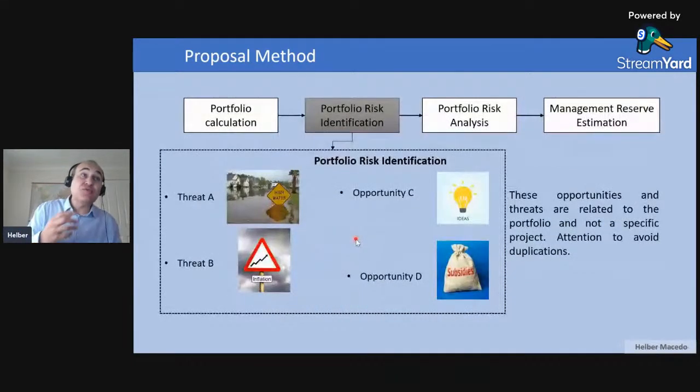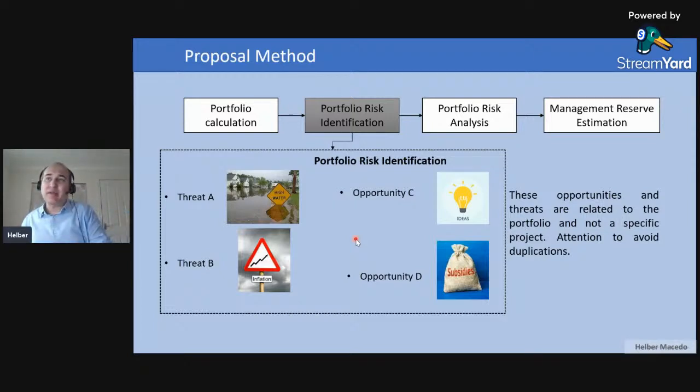Then I need to identify the risks that can affect my portfolio. Remember, when I'm doing the calculation using risk analysis for contingency, I need to identify the risks. Here I need to identify them as well, but I need to be very careful because I cannot double dip on the risks that I identified for the project.